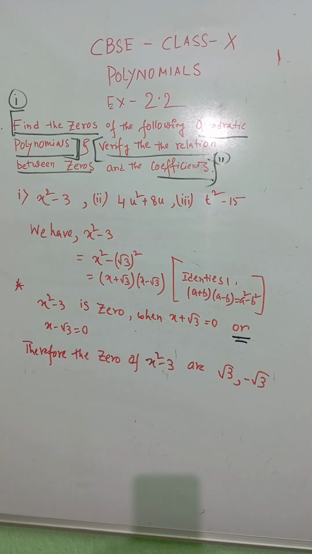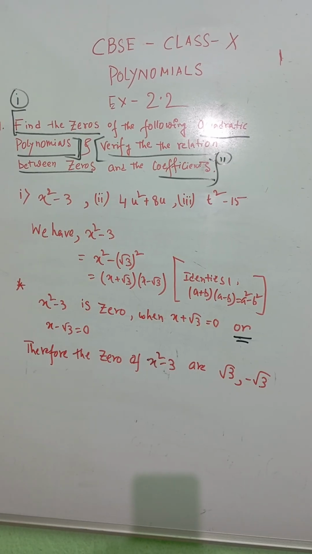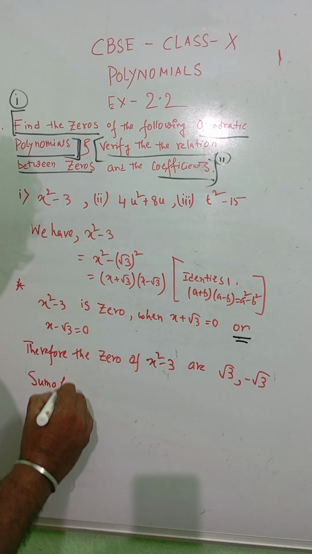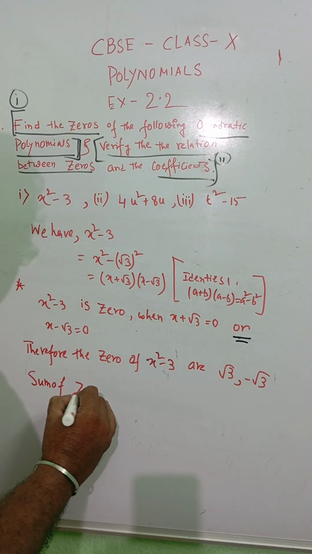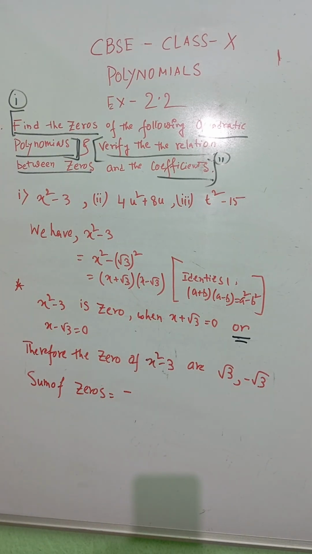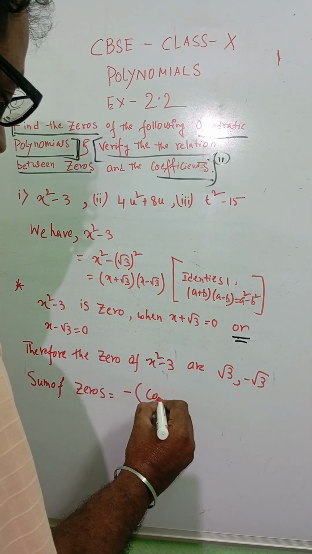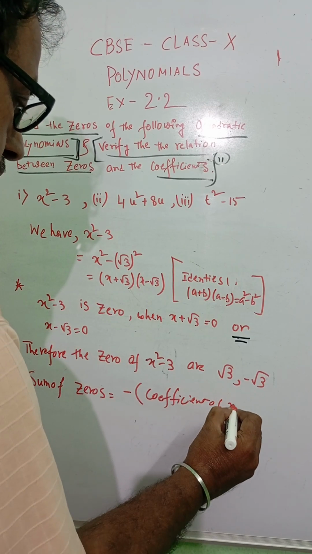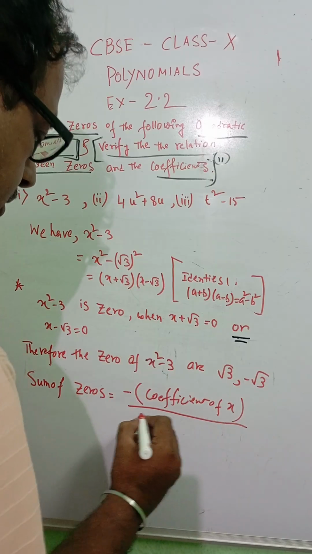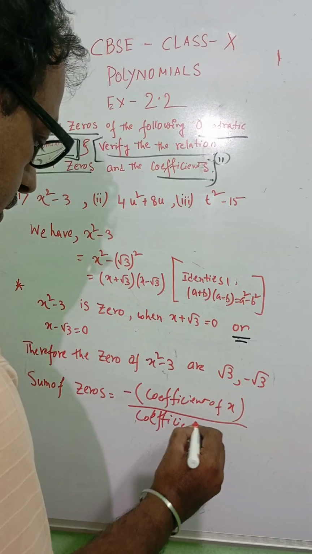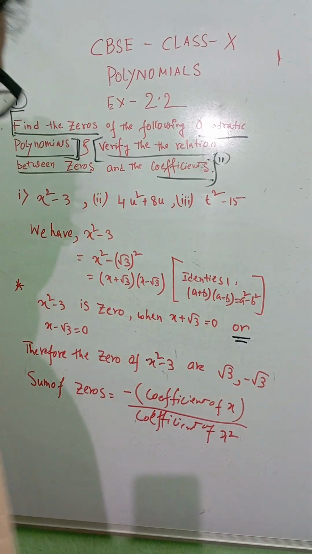Second part, verify the relation. We have to write that sum of zeros is equal to minus coefficient of x by coefficient of x square.